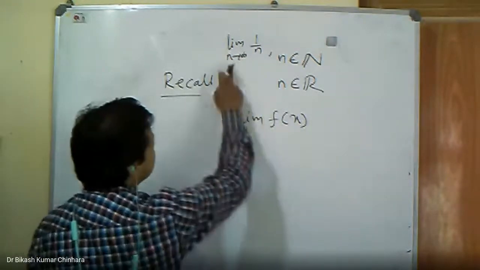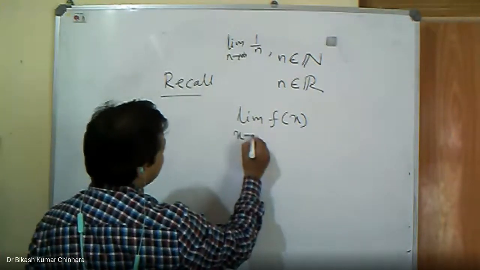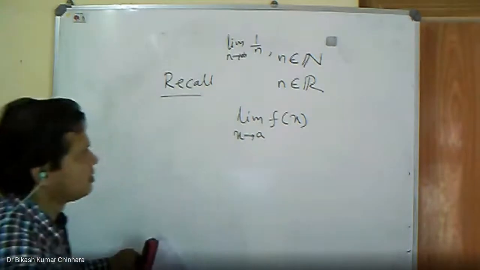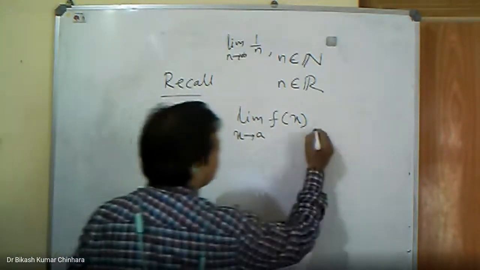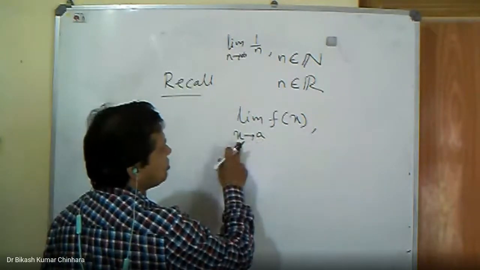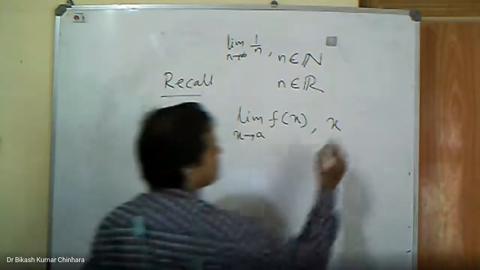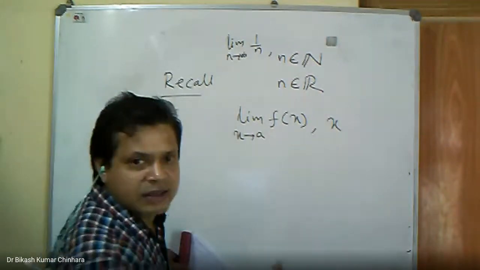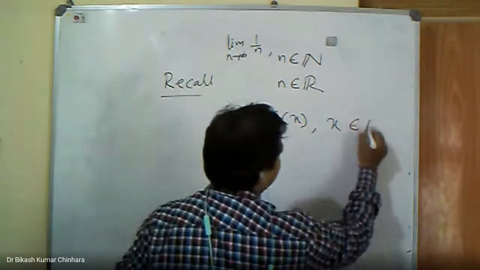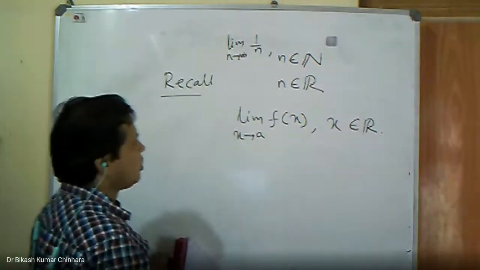Suppose instead of n going to infinity, x goes to a. Here the variable is x going to something, and I can take any x, so x belongs to R, where R means real numbers.